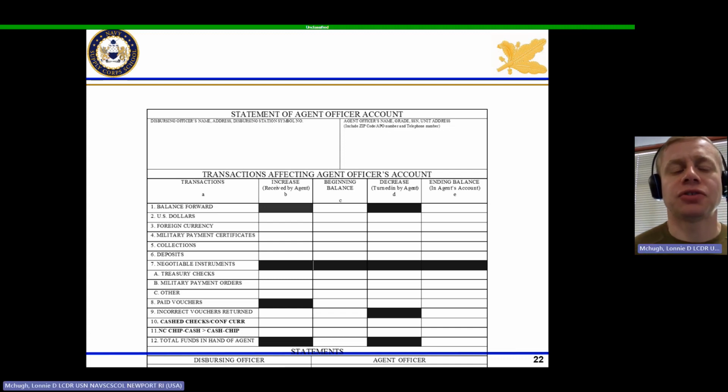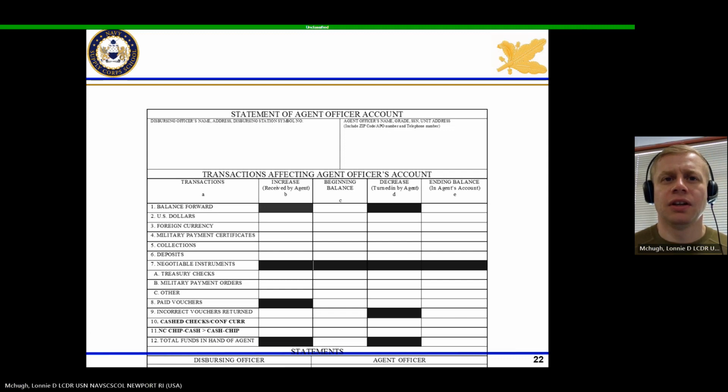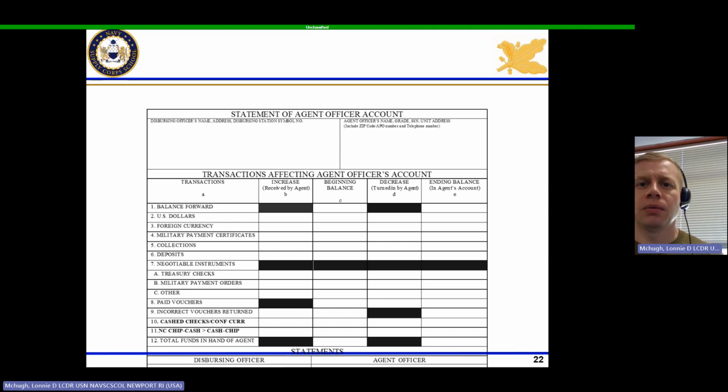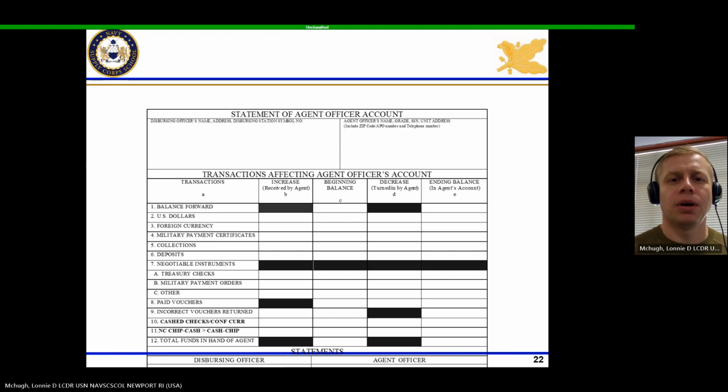Now, as your transactions go on, you're going to look at US dollars, foreign currency, military payment certificates, collections. So these line items will affect how this is issued or returned. And we'll give you an example on the return because it's a little bit better, breaks down more line items. But on an issuance, you're going to have beginning balance.